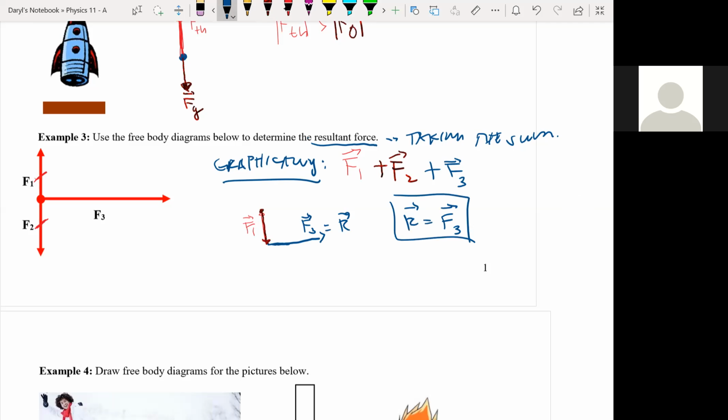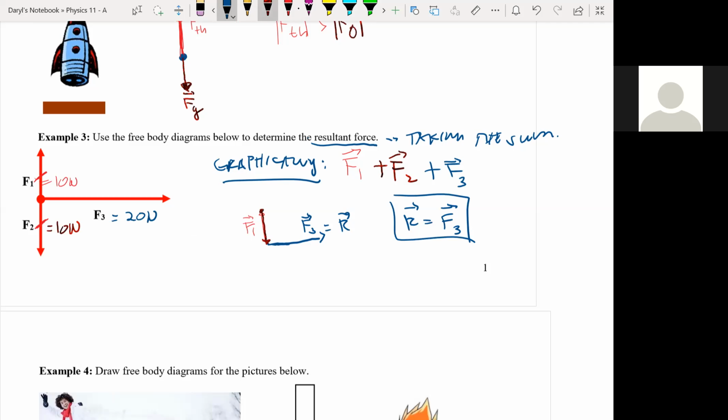If for example we give some values, let's say F1 is 10 newtons, and since they have equal magnitude, this is also 10 newtons. And let's say this is 20 newtons here.